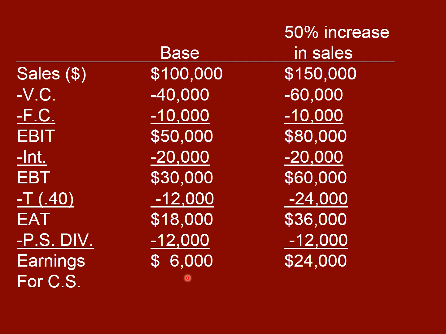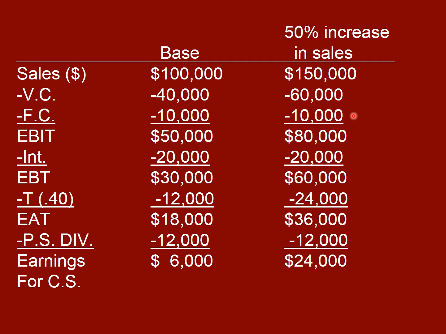And on the next slide I've got the earnings per share, and I'll show you that in just a moment. So this time I didn't take it up and down. I think you get the point that it works the same in both directions. So what if there's a 50% increase in sales? What happens to earnings available to common shareholders and earnings per share? Well, our sales would go from 100,000 to 150,000, a 50% increase. Likewise, our variable cost would go up by 50%.